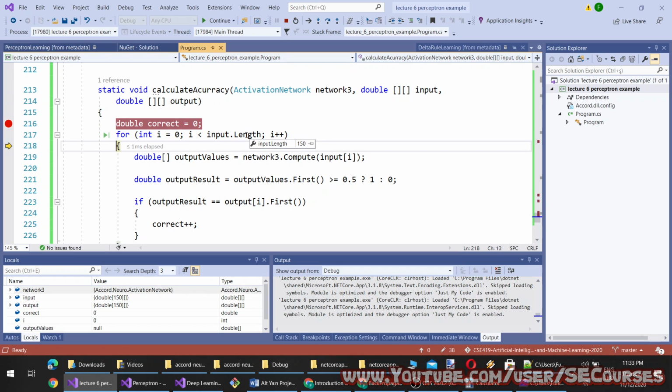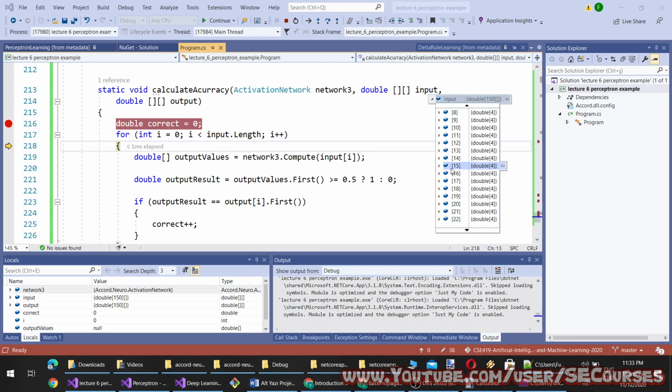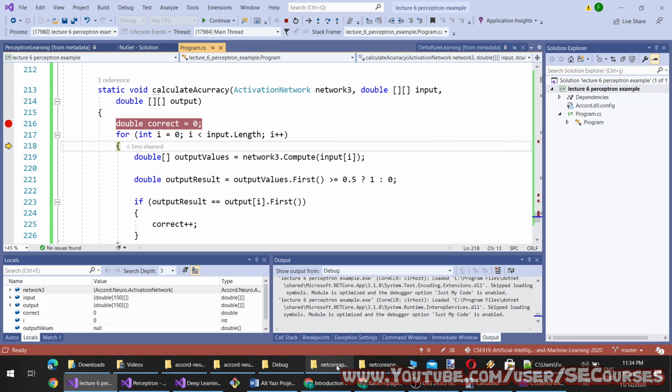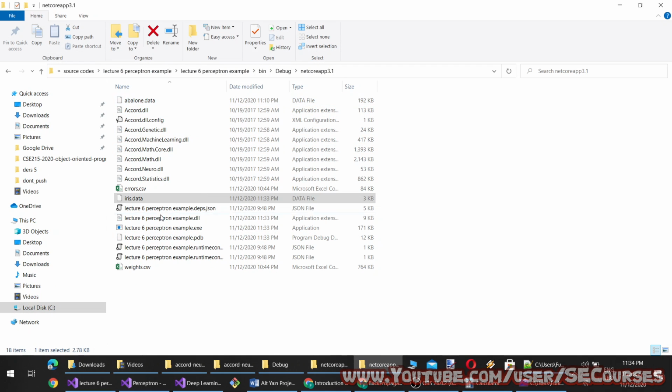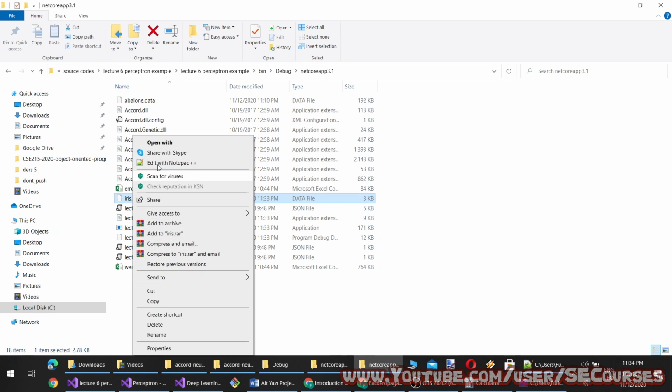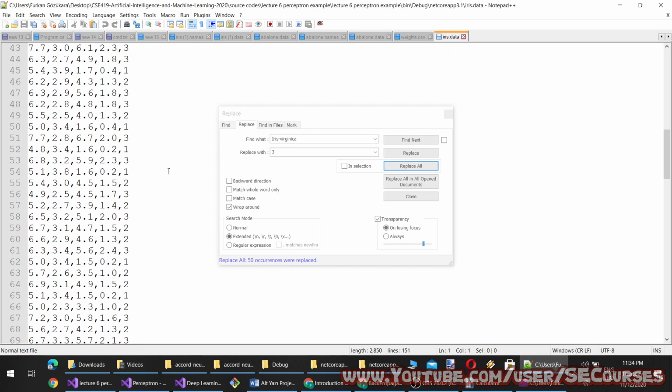So input length is 150. Why is that? Yeah, 150 because we have 150 examples or data in our iris data like this.